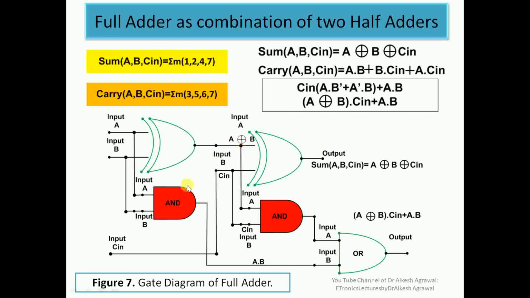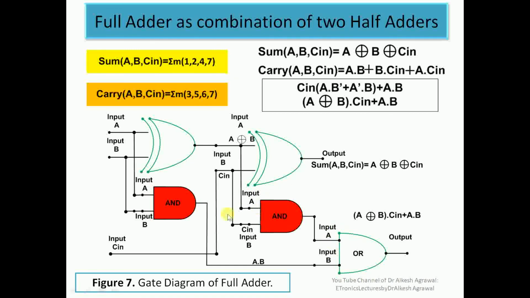Now if you look into this expression for carry, this is the OR of A and B and A exclusive or B and C in. AB is the carry from the first stage, and A exclusive or B and C in is the carry from the second stage. So the final carry can be generated from the first half adder, or from the second half adder, or from both.